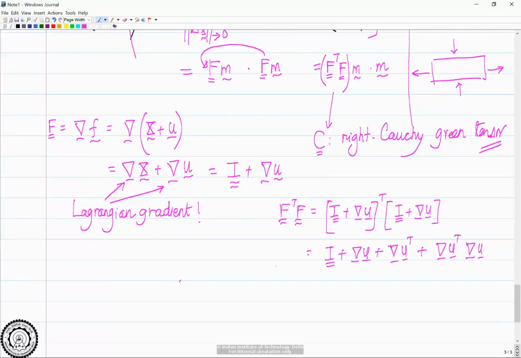All right, so this is the right Cauchy-Green tensor expressed in terms of displacement gradient.